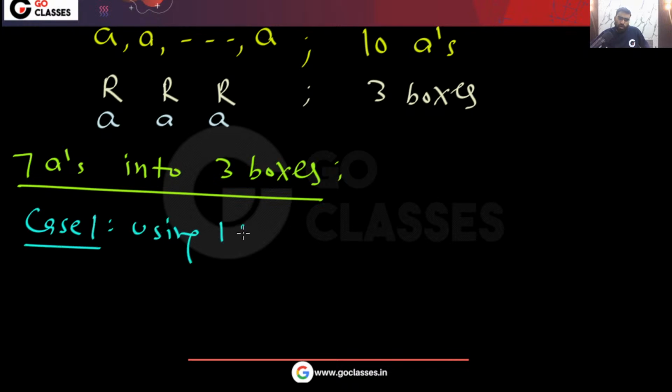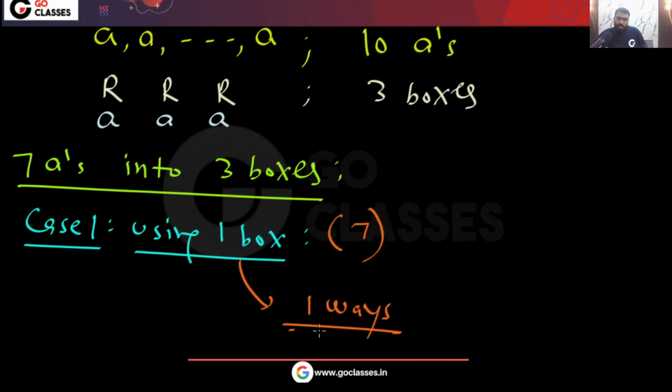Using one box only, in this situation there is only one way. All the 7 A's will go to that box. Remember, in this case, boxes are non-empty because we have already given them 1A, 1A, 1A.